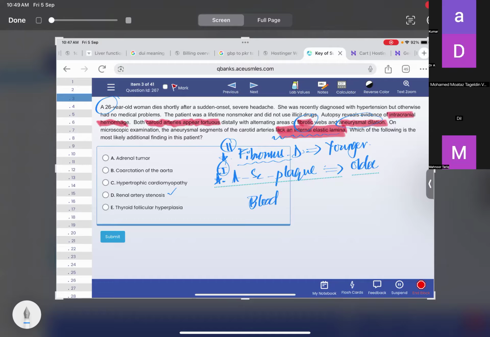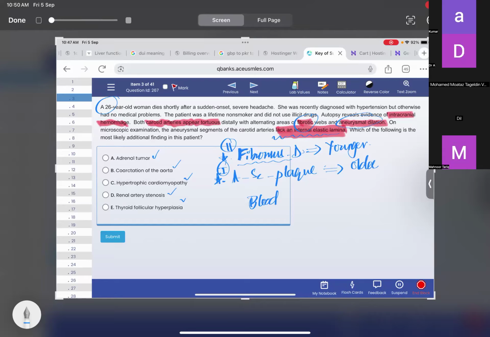So if we look into the other options, most of them can cause hypertension, like adrenal tumor, coarctation of aorta, hypertrophic cardiomyopathy, and thyroid follicle hyperplasia, but none of them will cause aneurysmal dilatations. So these are the pathognomonics for fibromuscular dysplasia, and we will discuss fibromuscular dysplasia in some other class if you guys want.